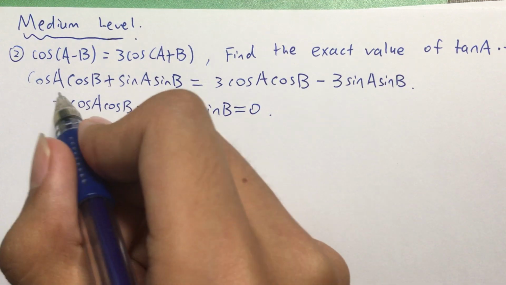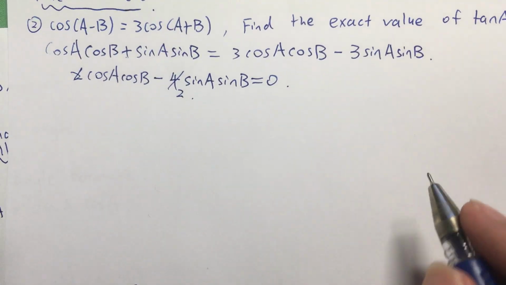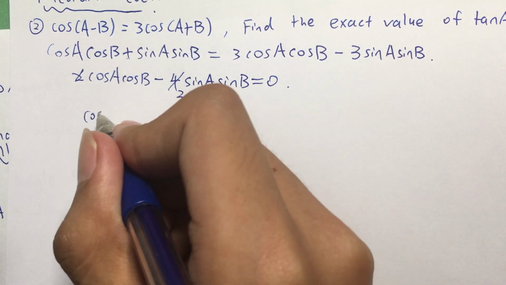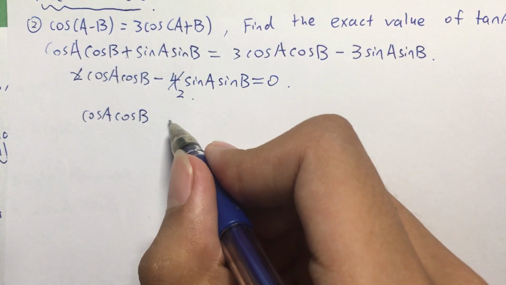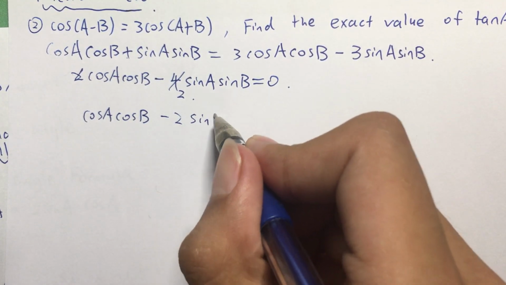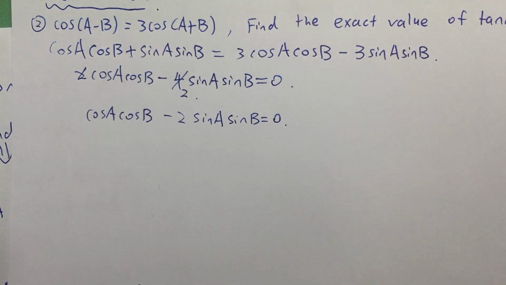And now we can divide by 2. So we got cosine a cosine b minus 2 sine a sine b equals 0.